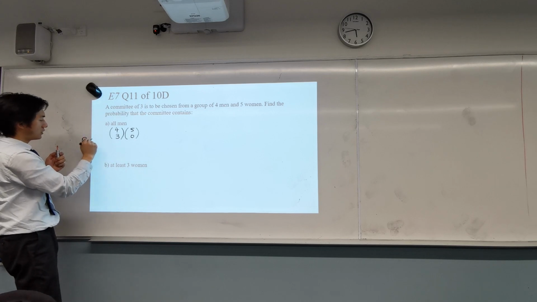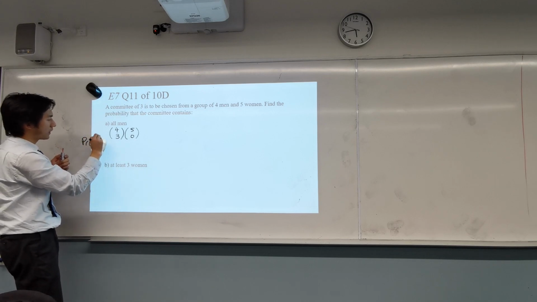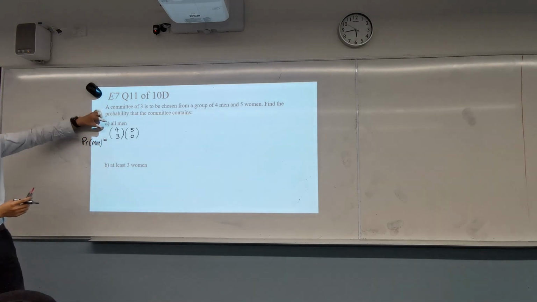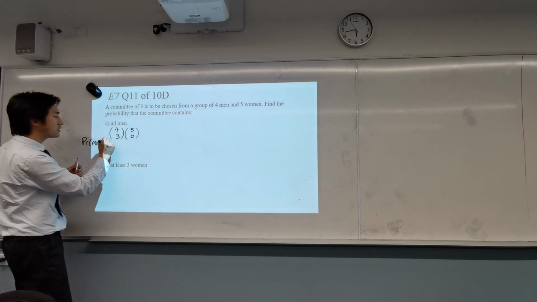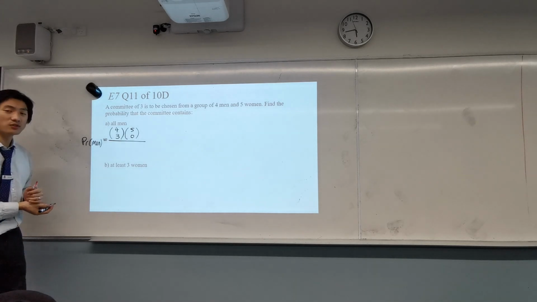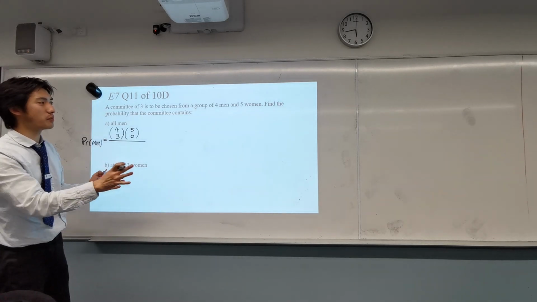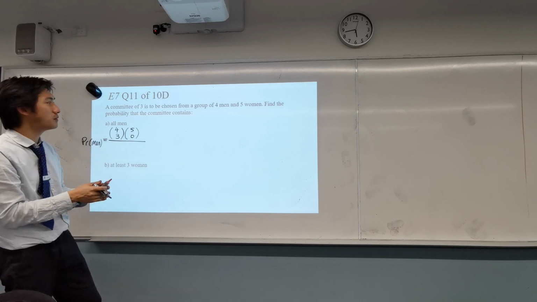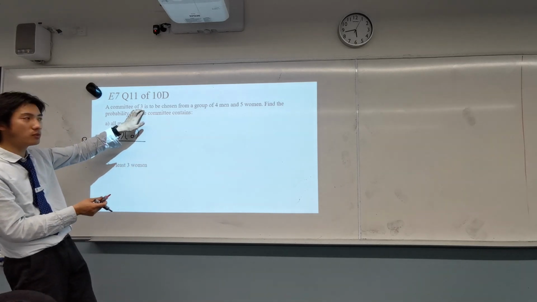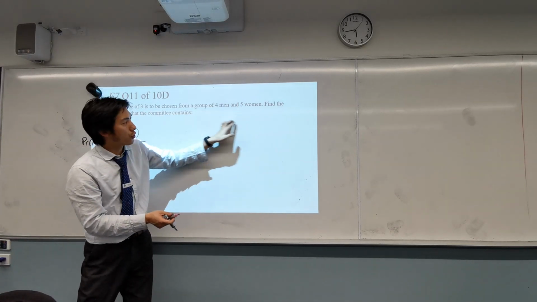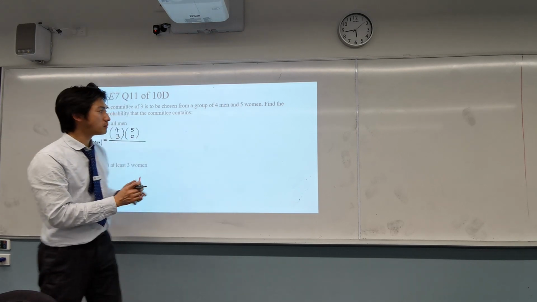So P(all men), I should write this down. This is the number of outcomes in your event. You need to divide it by the number of outcomes in your sample space. The number of outcomes in your sample space is just the total number of outcomes that can possibly happen by choosing 3 people from the total people that you have.